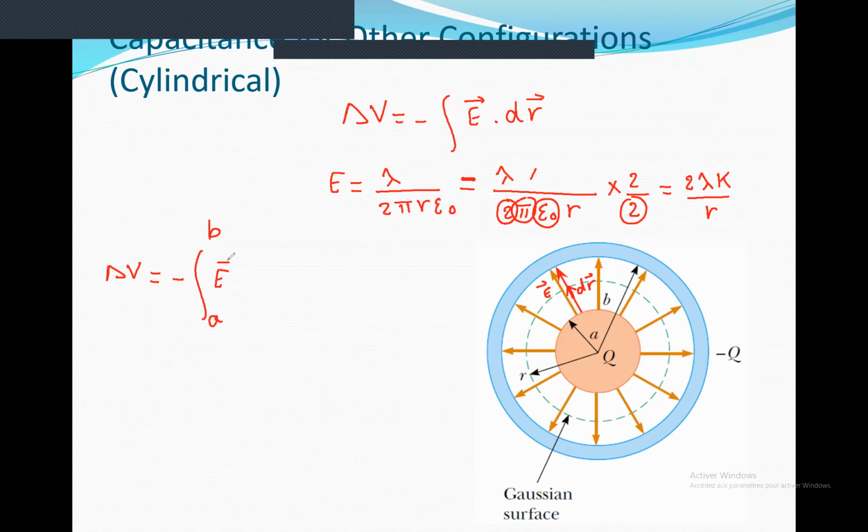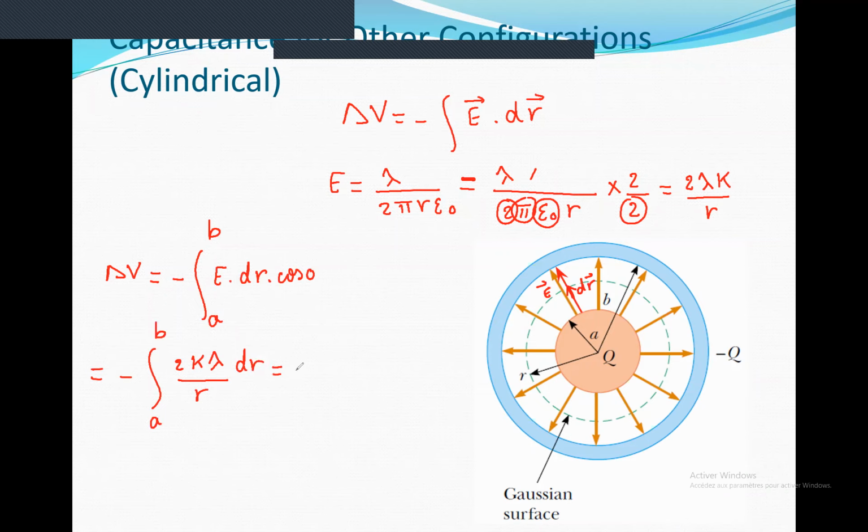So we can write E dot dr times cosine 0. E equals 2k lambda divided by r, dr between A and B.